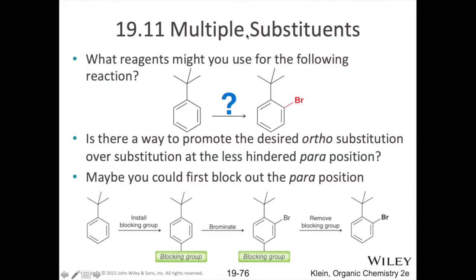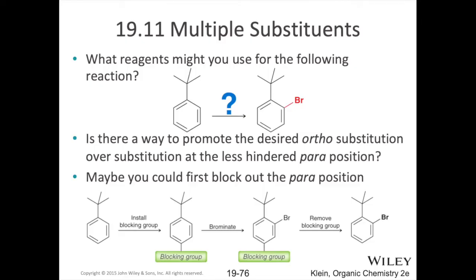So if we look at this bulky tert-butyl group here, we know that it's going to be ortho-para directing, but it's going to prefer to have a group be para, because with this bulky group, that para position is going to be much more favorable than those ortho positions. However, we can see here that we're trying to put this bromine at the ortho position. So the question is, how do we force that bromine to go to that ortho position instead of the more favorable para position?